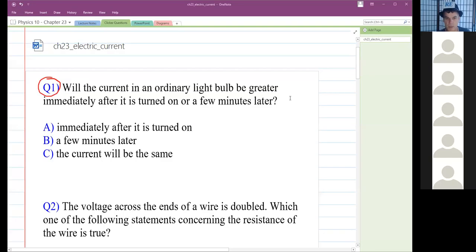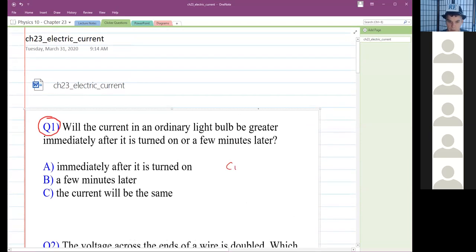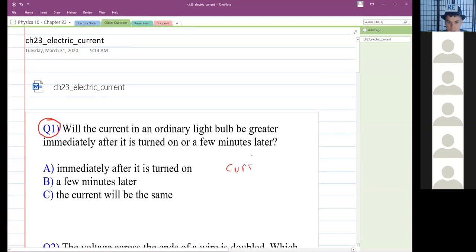Okay, keeping in mind two things. What we know is current is proportional to voltage. That's not changing. And what we've been talking about with resistance is that current is proportional to 1 over resistance, which means when the resistance is small, the current is high.